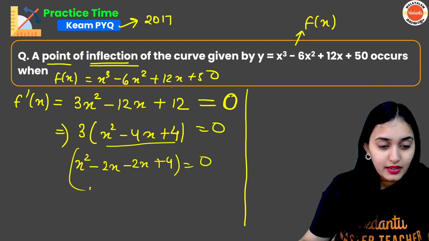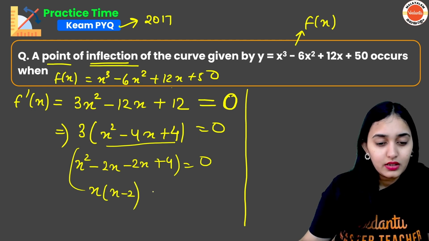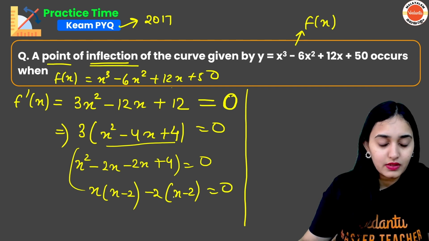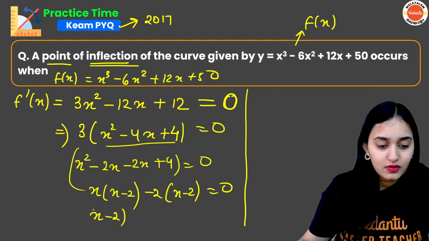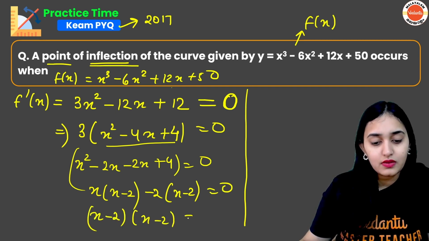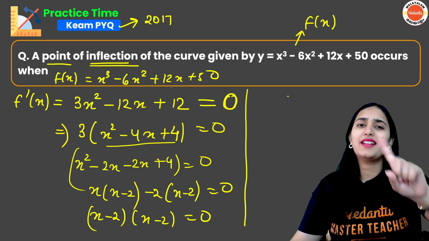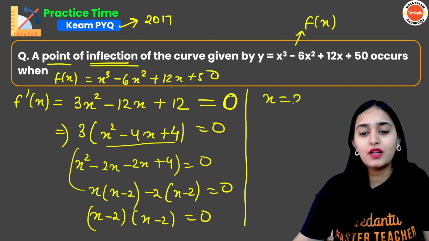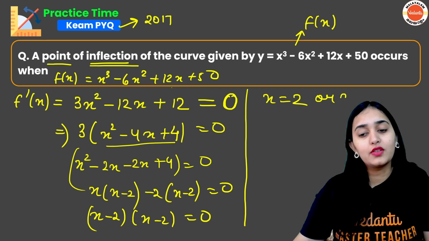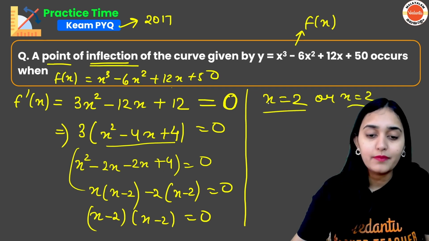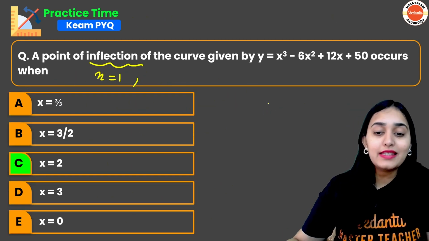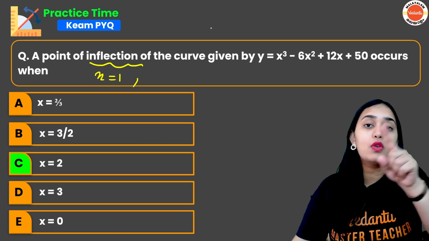So I get x common, x minus 2, then again minus 2 common, x minus 2 equals 0. So I get x minus 2 into x minus 2 equals 0. Okay, so I am getting only a single inflection point. x is equal to 2 or x is equal to 2. Both the points are the same. Now what will I check?